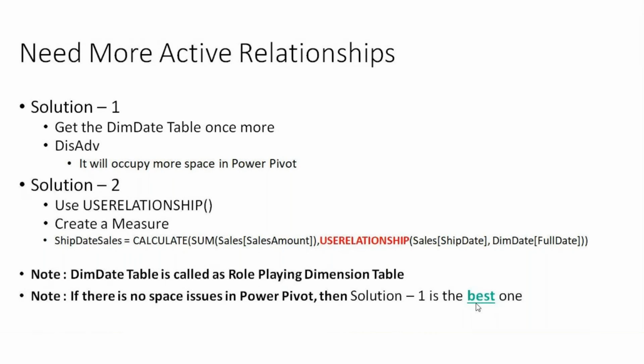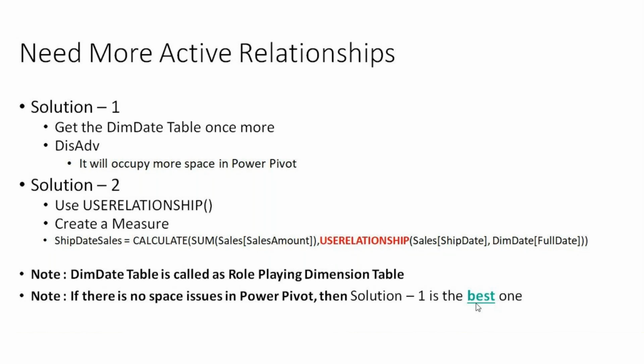So many architects will always say, whenever you have a role-playing dimension table, you will have a ship date, you will have an order date, you have a due date. So a lot of dates are available. When all these dates are connecting to dim date time, you will have multiple relationships. When you have multiple relationships between those two tables, the dim date table is called a role-playing dimension table. People would ask you, what is a role-playing dimension table?